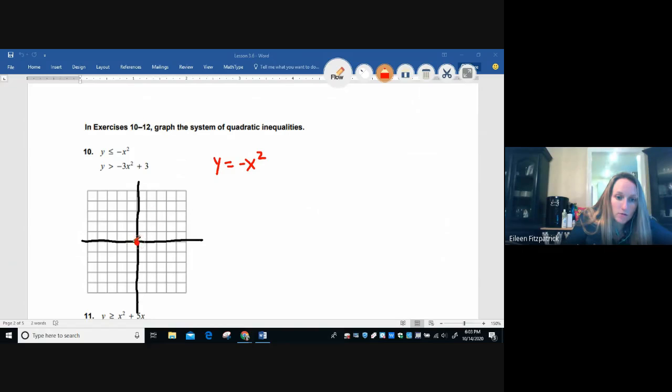It opens down. There's no vertical stretch or shrink. So out 1, down 1, out 2, down 4, out 2, down 4. It's a solid parabola because of the bar, right? I wrote it as an equals, but I'll change it now. It's less than or equal to. It's a solid parabola.